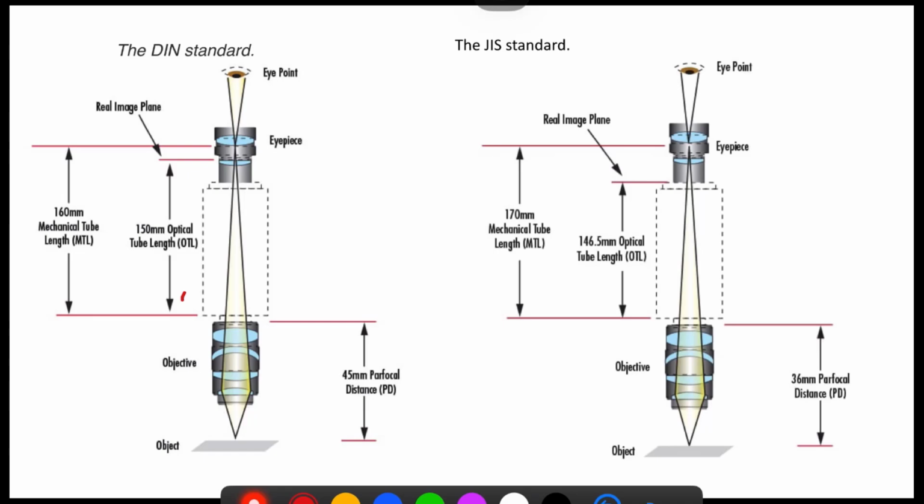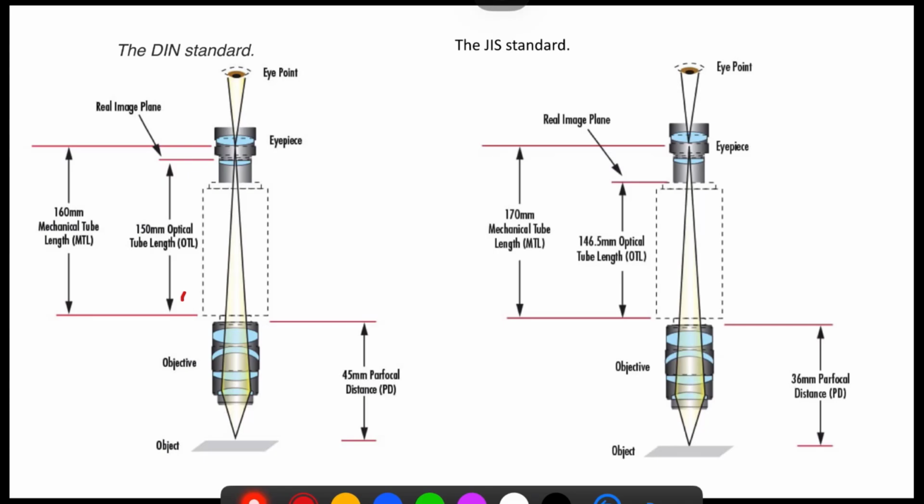Here the optical tube length means the distance between the lens and the objective. So it is OTL, which is 150 here, and 146.5 mm here.